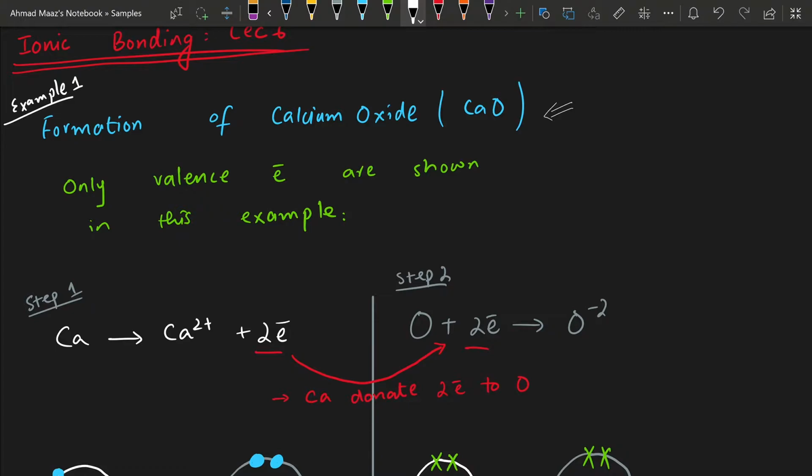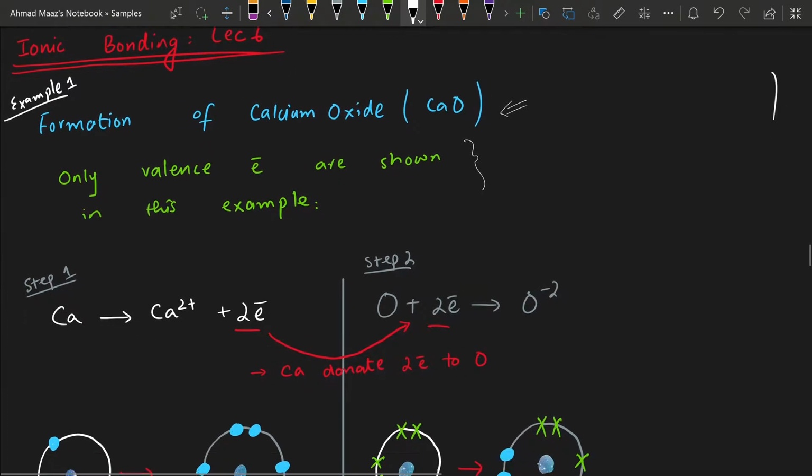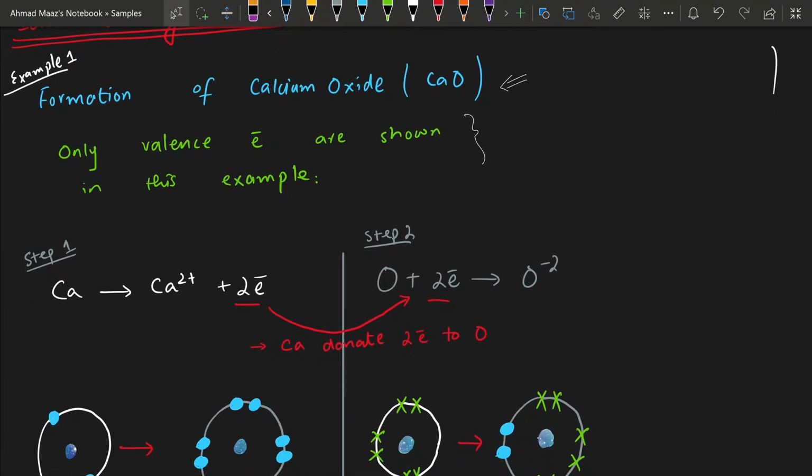How is the ionic bonding formed in calcium oxide? Just a reminder, only valence electrons are involved in any type of bonding, also in ionic bonding. So we only show valence electrons in the bond formation for the larger atoms, because it is hectic to draw all the shells and all the electrons.